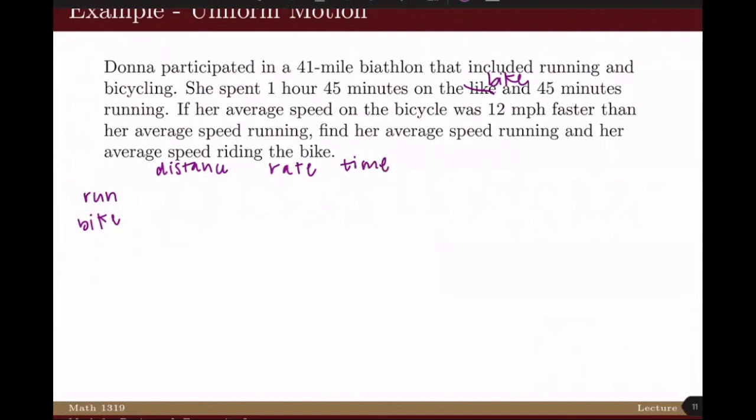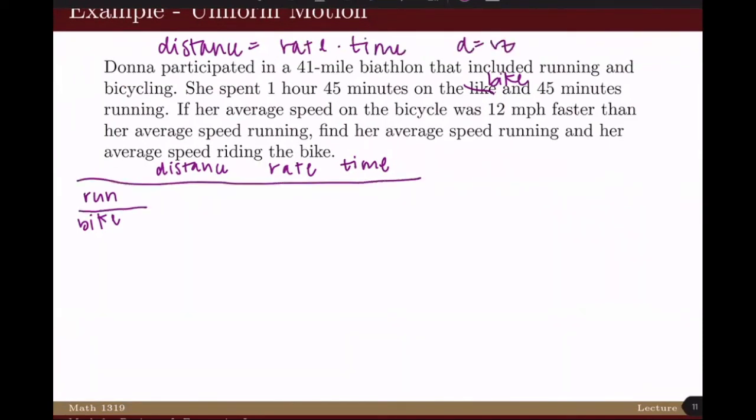Because remember that distance equals rate times time, which is also written as D equals RT. We know that we spent 1 hour and 45 minutes on the bike and 45 minutes running.